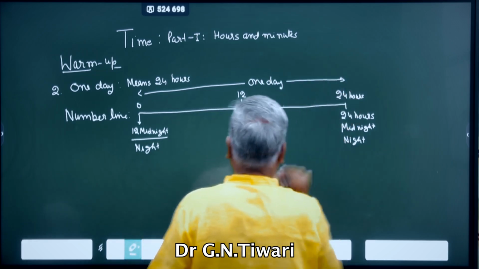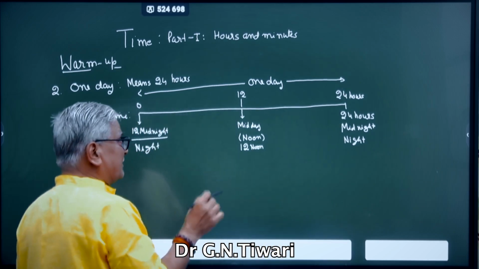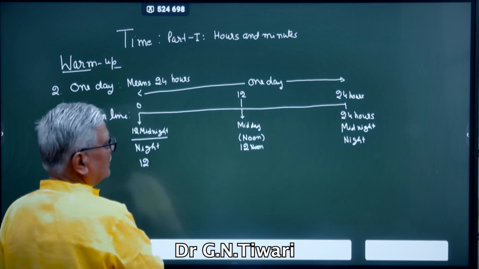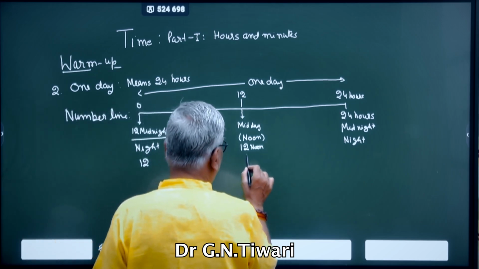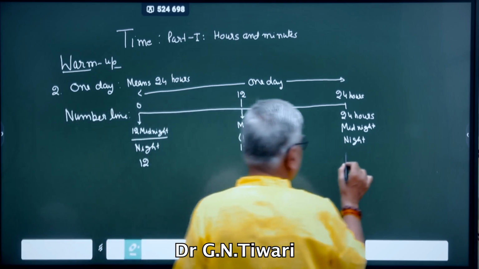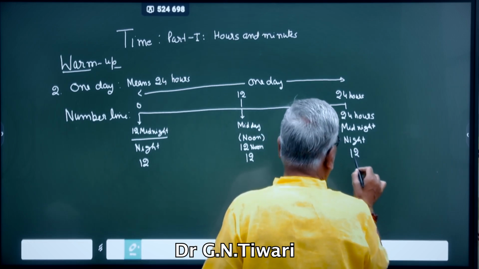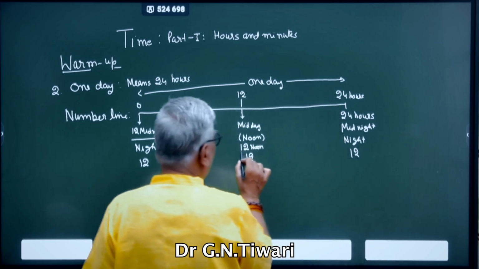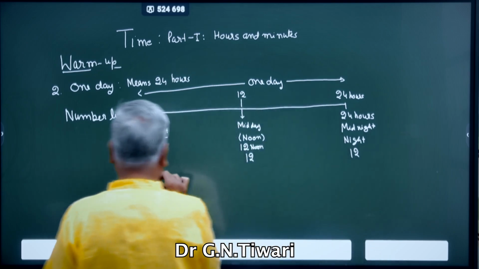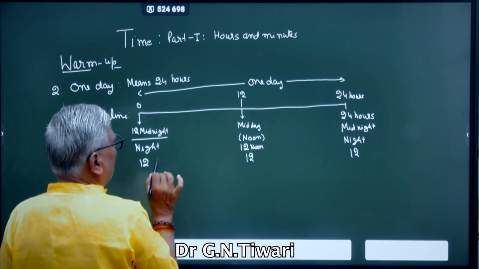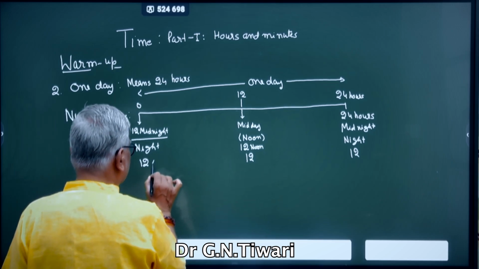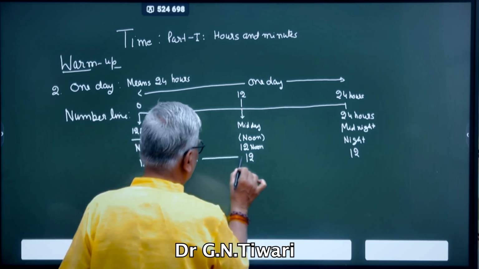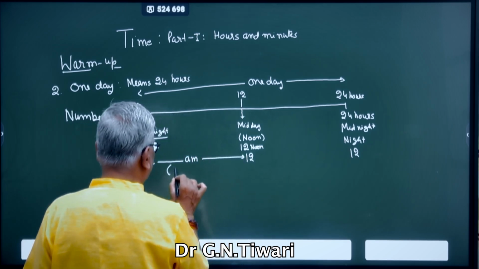But in the watch, it is divided like this. If you go from 12, then it is again 12, then again 12. 12 night, 12 midnight, anything you can say. Here, 12 noon, 12 o'clock, 12 night also. This period is known as AM. A means ante-meridian.